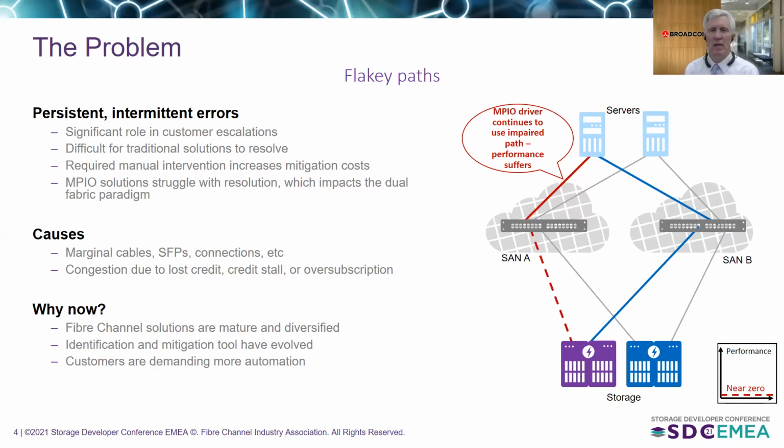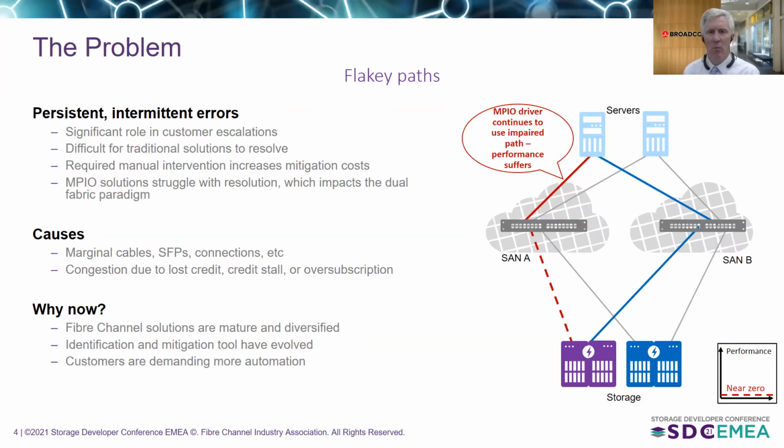It's easy to locate because the path isn't working. The devices themselves have identified that the path isn't working, and they probably sent up a notification to the administrator or logged that fact in a place that the administrator can find. Those types of errors are quite easily resolved and mitigated.